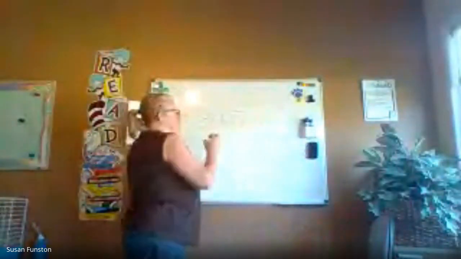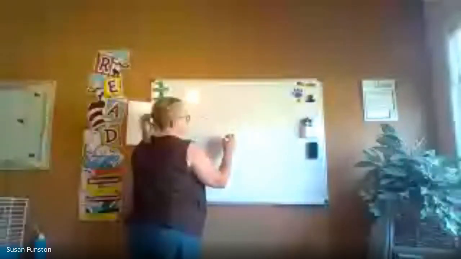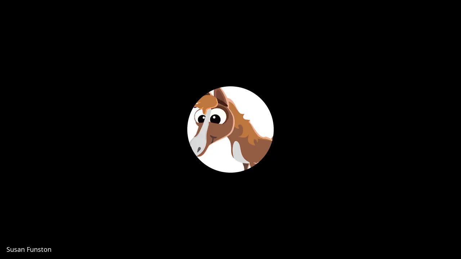You should have written 2:35. So my hour hand or my little hand is partway between the 2 and the 3, so it's something after 2. I can count my minutes, 5, 10, 15, 20, 25, 30, 35. So my time is 2:35.